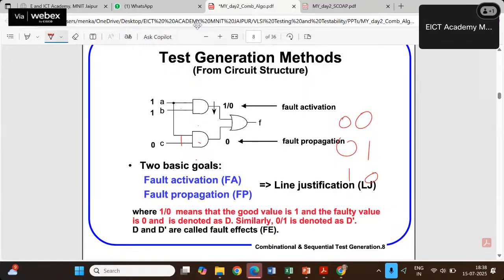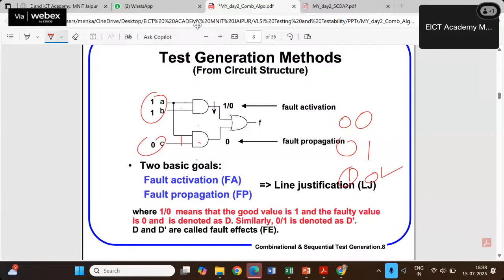But here it is fixed because A was 1. So if A is 1, the only thing remaining is 0. I have to make it 0, and my test vector becomes 1, 1, 0, right? In this manner, I am getting 1, 1, 0 as the test vector. This is from the circuit structure.